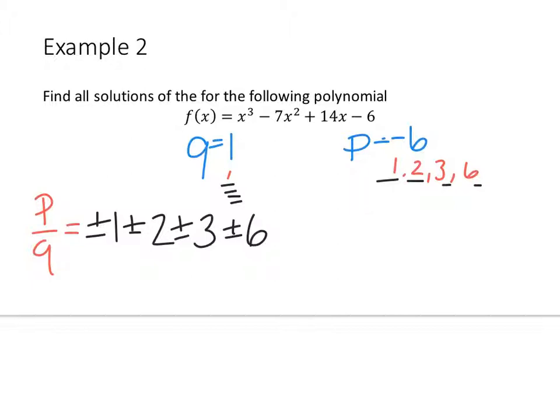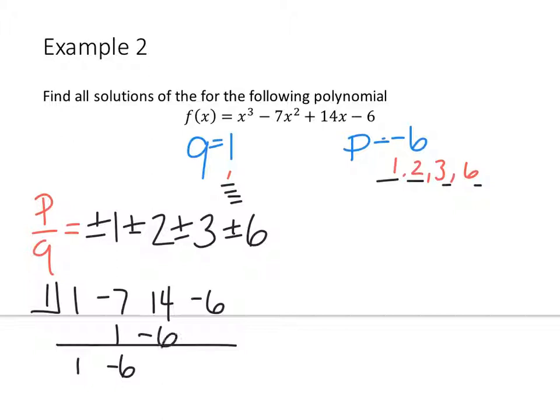So just like last time, I'm going to start with my first number in the list and use synthetic division. So that's 1, so it's negative 6. That is 8, and 8, negative 6 will not get me 0. So I'm going to try it with negative 1.